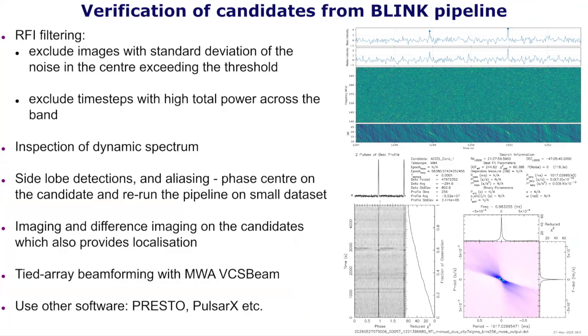On the best candidates, we also beamform with the candidate at the beam center, phase center, so that we exclude any aliasing effects and things like side lobe detections. And ultimately, for a 7 sigma threshold, we have about a couple of candidates from the noise statistics.